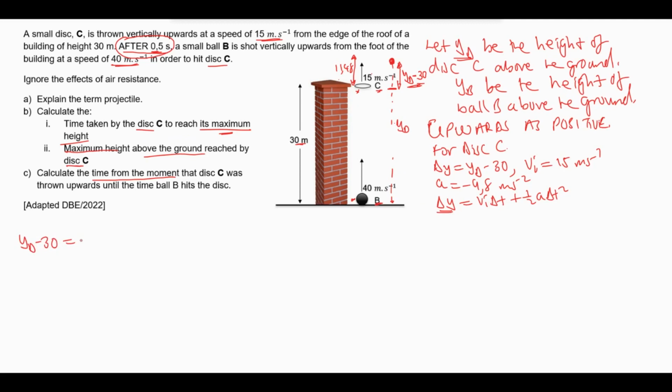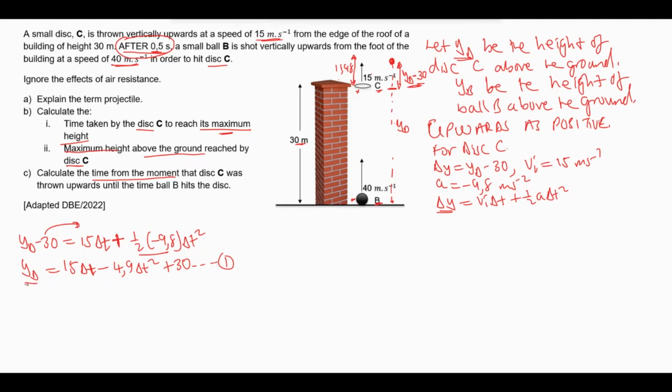Then initial velocity is 15 delta t, then plus half negative 9,8 delta t squared. Right? Let's simplify this. We can transpose our negative 30. So YD is equal to 15 delta t, then negative 4,9 delta t squared, plus 30. Let's make this one equation 1.